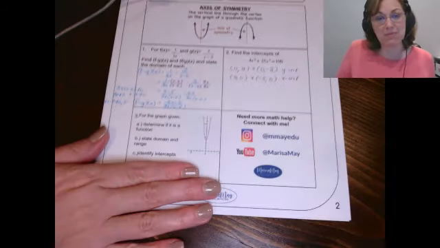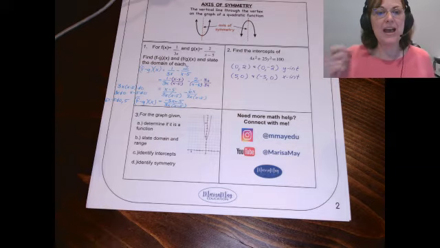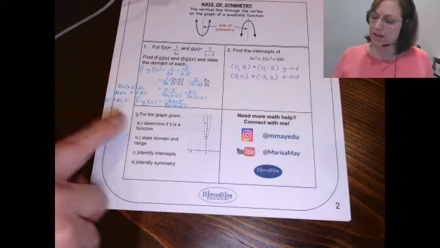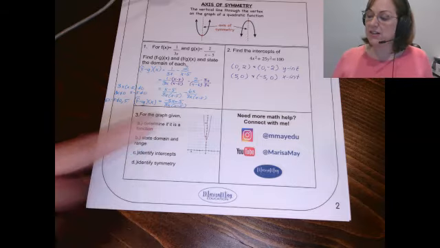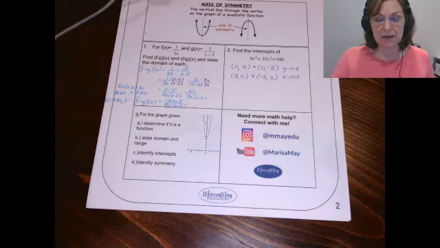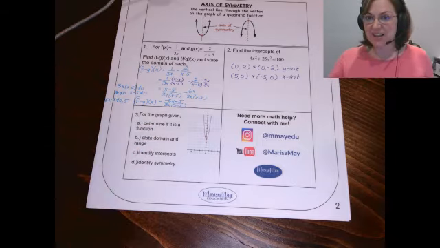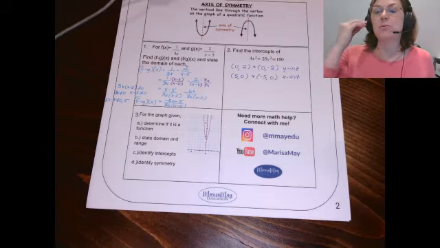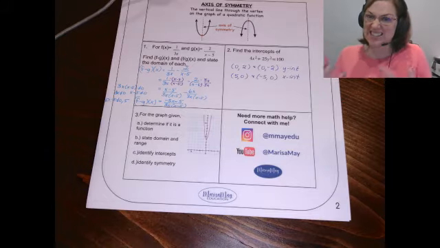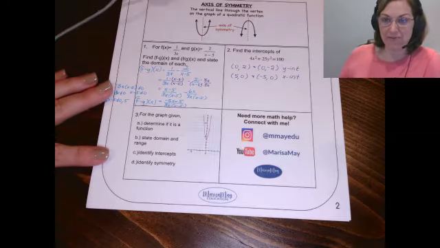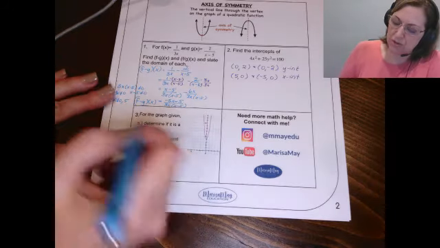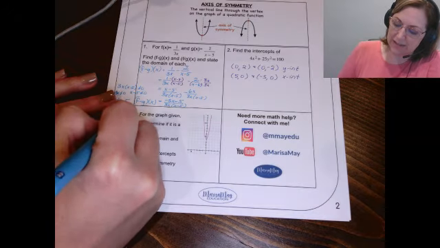Now, question number 3, we provided a graph for you, and we're asking you to determine if it is a function. So if it is a function, we talked about in part 1, we had a list of values to determine if it was a function, and we said the x's could not repeat. Well, when you're looking at a graph, you use what's called the vertical line test.